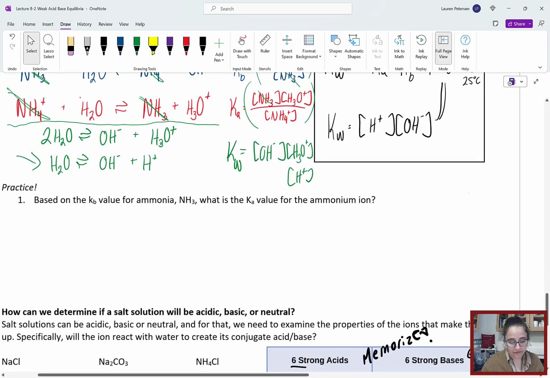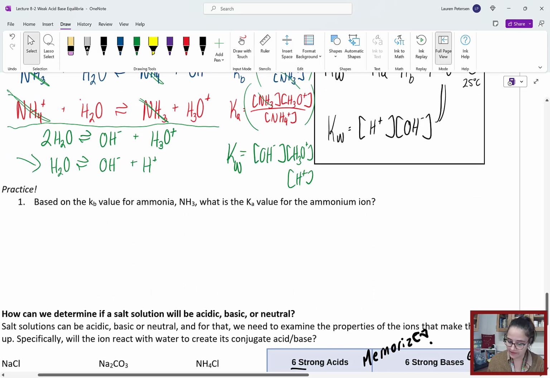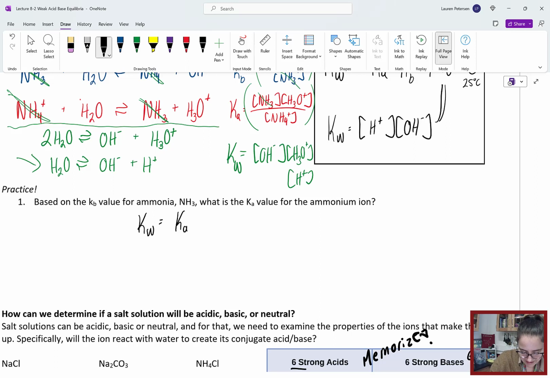So if we know the Kb value, then we can find the Ka value. So the Kw equals Ka times Kb.